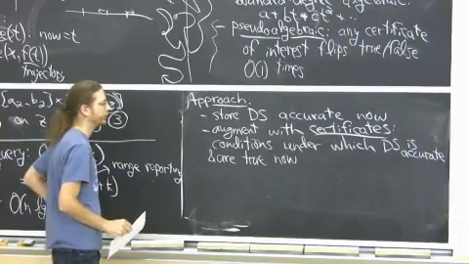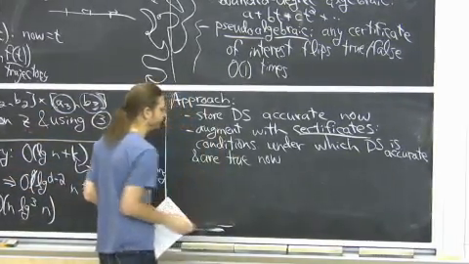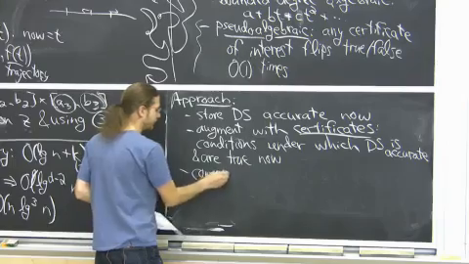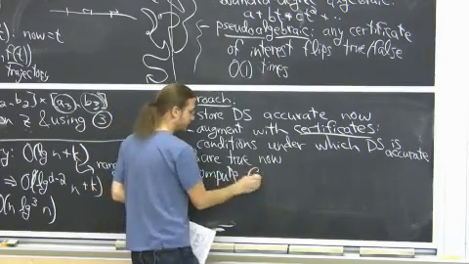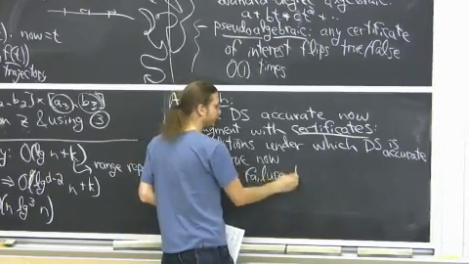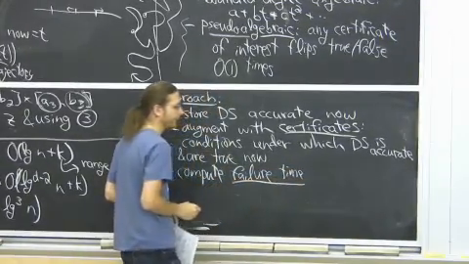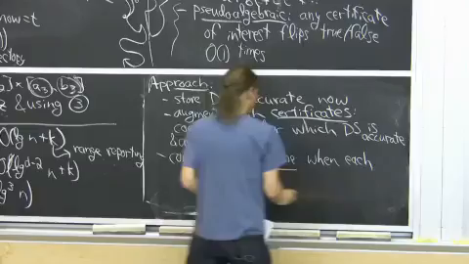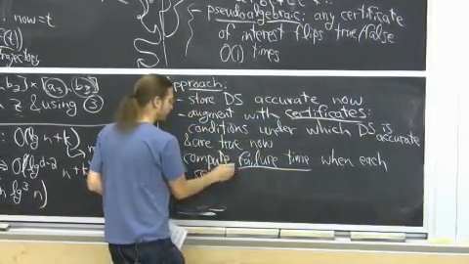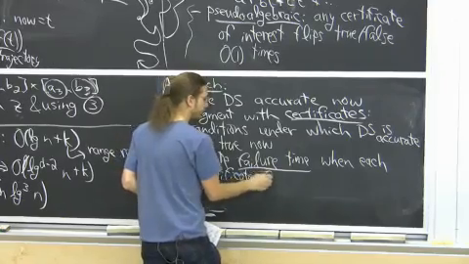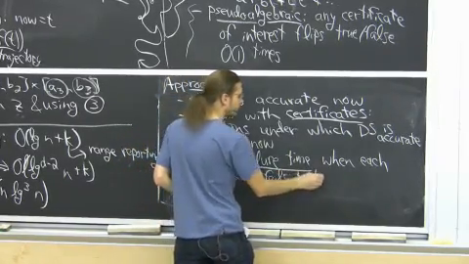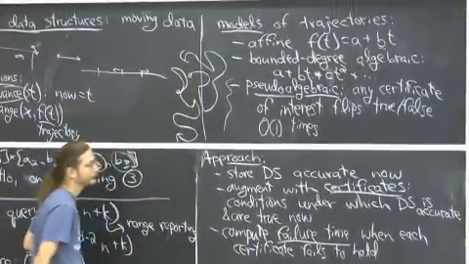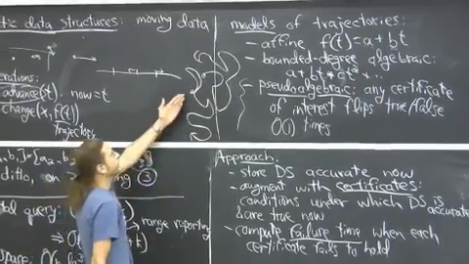Okay, so for example, well, we'll get to examples in a moment. We'll keep it abstract for a little bit longer. Each of these certificates, you can figure out a failure time. So you have some certificate like this point is to the left of that point, and you just look ahead in time.